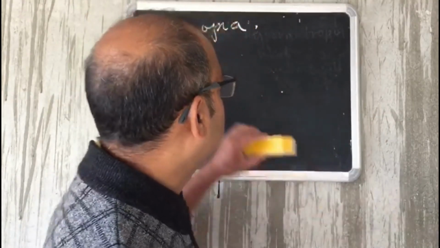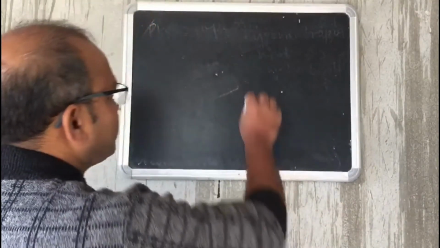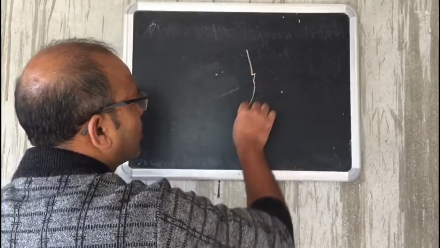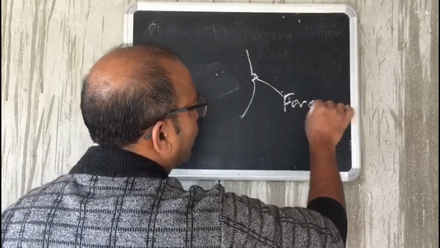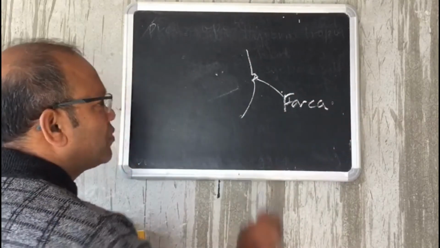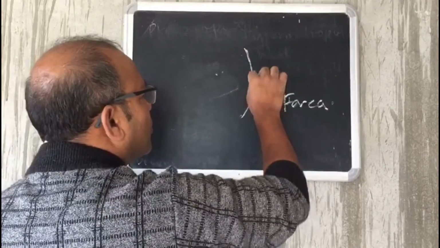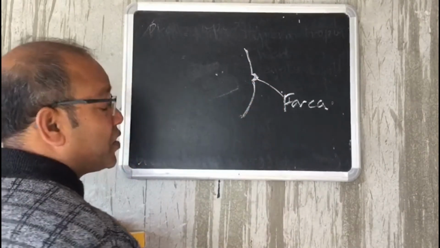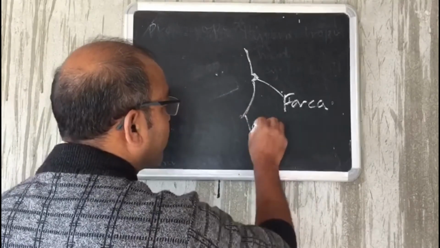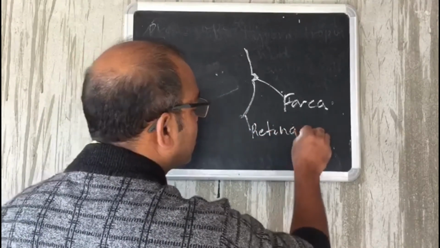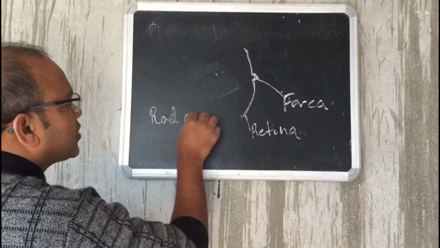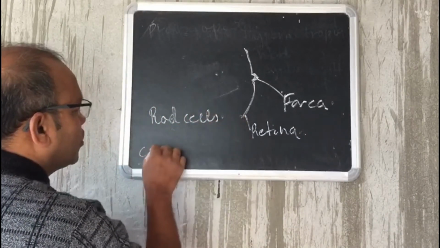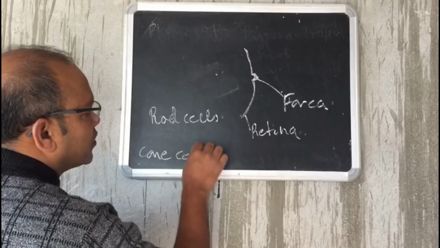Now let me go through the first part that I have missed, that is the retina. The retina of the eye, including the fovea or the yellow spot that we talked about, consists of two types of cells, the rod cells and cone cells.